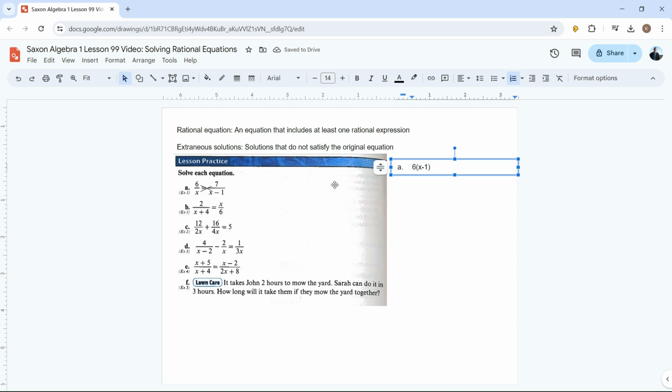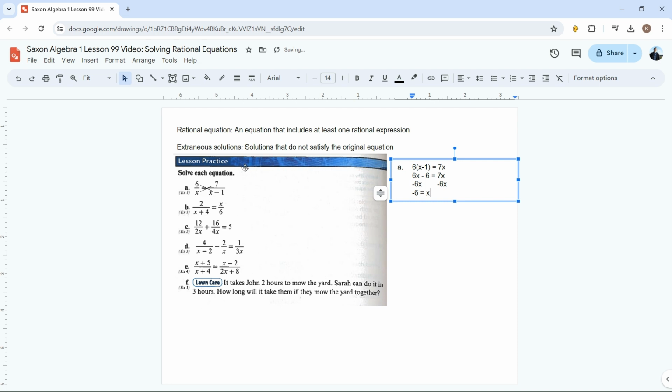It has to be distributed across the x minus 1, equals 7 times x. So if I were to simplify this further, I'm going to distribute the 6. 6x minus 6 equals 7x. The best thing for me to do is subtract 6x from both sides of this. That gives me negative 6 equals x.